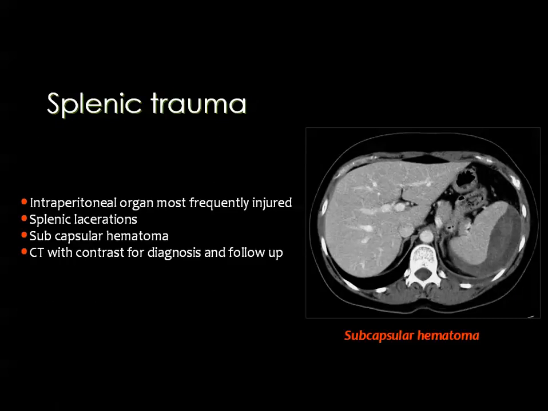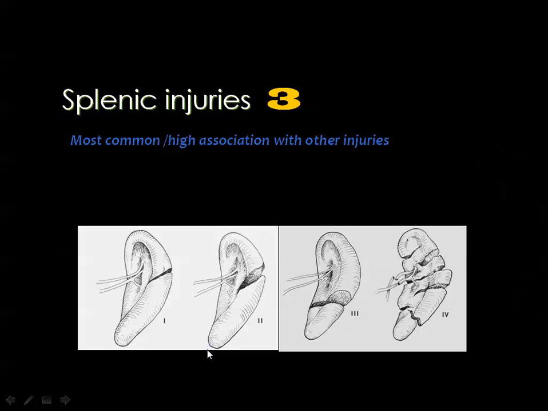Then we came to the issue of splenic trauma, and I have explained this in detail in the section on abdominal trauma. And you remember that whenever you see hemorrhage parallel to the surface of the spleen, and the surface is intact, this is diagnostic of subcapsular hematoma.